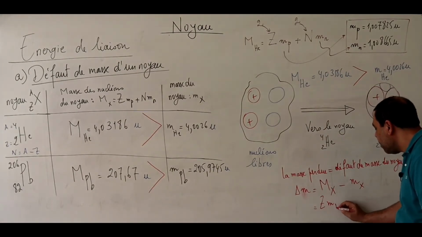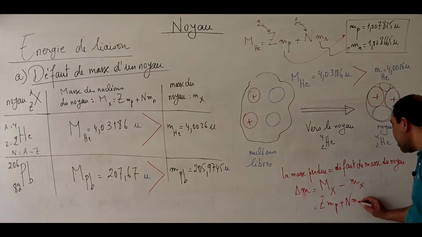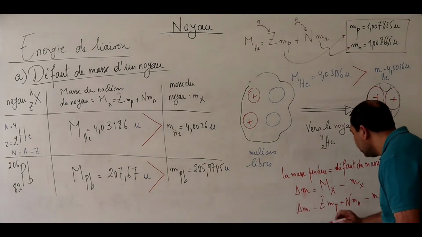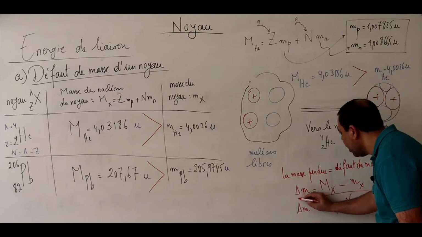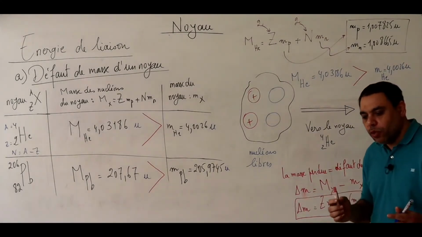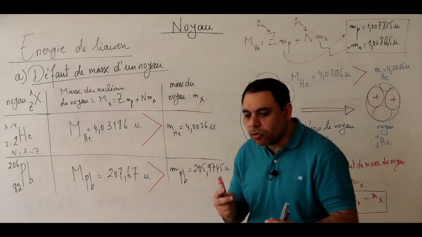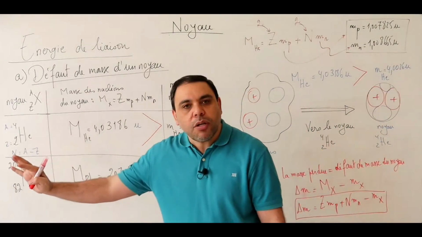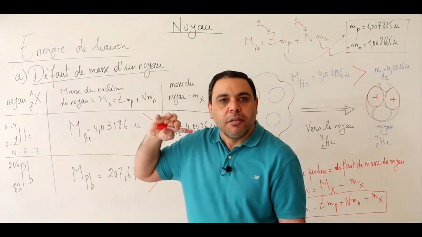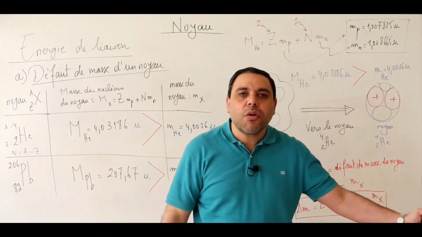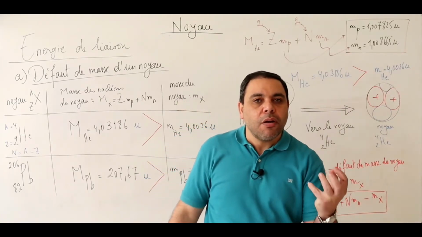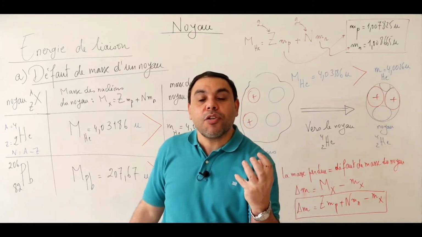This equals ZMp plus NMn minus MX. This is the mass defect, which is to be memorized. The mass defect is the difference between two masses, the mass of the nucleons before they form the nucleus minus the mass of the nucleus after its formation as one entity, as a whole.